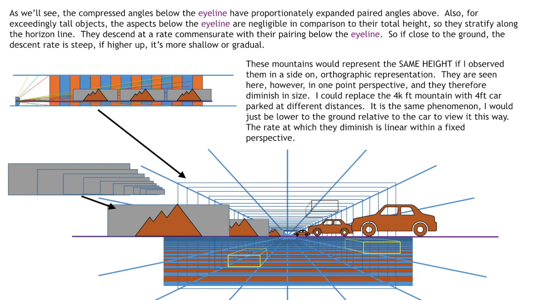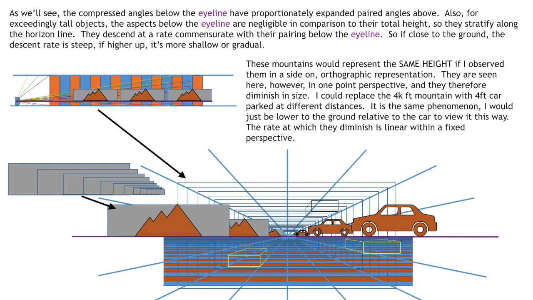Like if I was looking at a mountain exceedingly tall, way higher than 6 feet of the observer, let's say, you can essentially view it as being all above the eye line, all along the horizon line. So again, also objects descend at a rate commensurate with their pairing below the eye line.